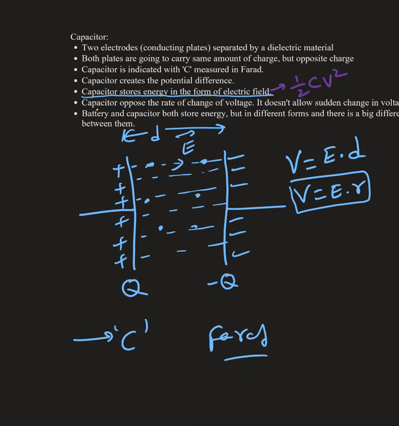If I can hold the charges on these plates for a longer period, the electric field will exist and it will be helpful to store energy. So the amount of energy is half CV square.